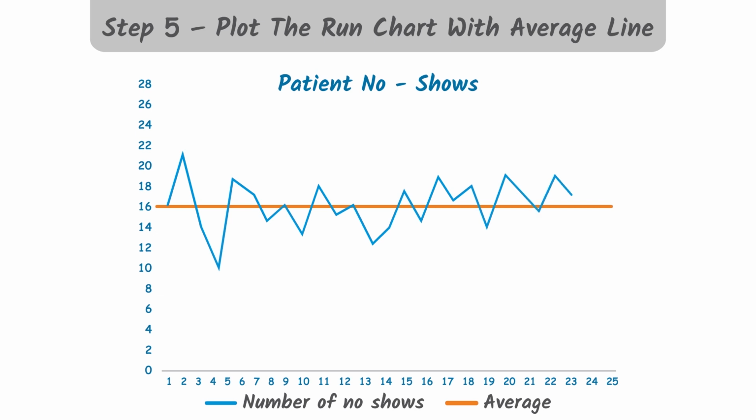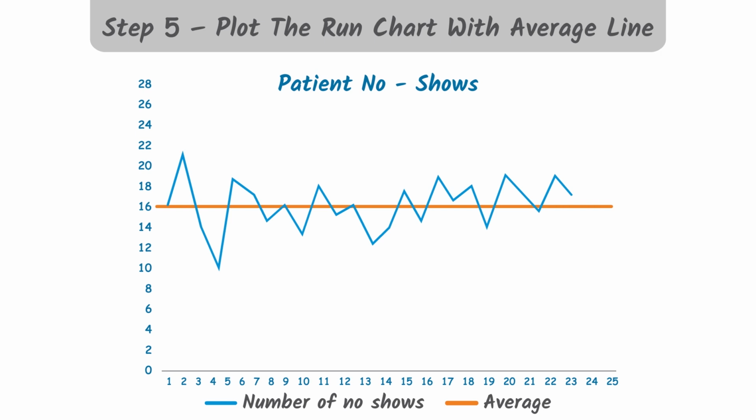Now this chart is without any limits. We don't have limits yet, the control limits that we require for control charts. We plot these values of all the patient no-shows in our data set, and we also plot this horizontal line that shows us the average number of patient no-shows for that data set.